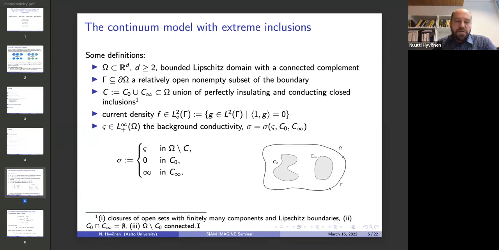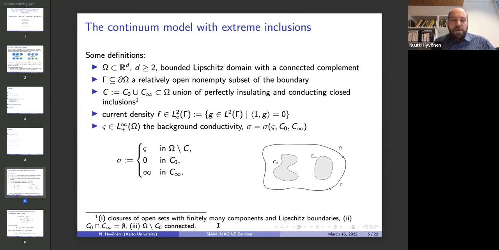So you don't need to, for example, assume that the two regions don't touch each other and so on. The Lipschitz boundary, the condition that we assume Lipschitz boundaries, that's a technical assumption, as well as this fact that we assume that there are finitely many components. So those are related to the way that we have carried out the analysis.